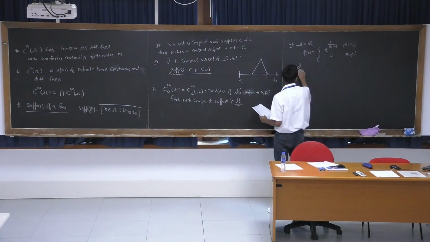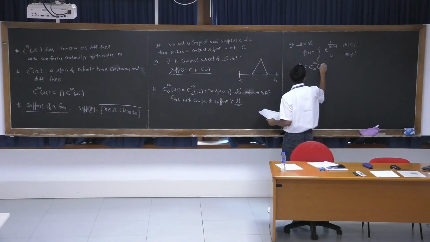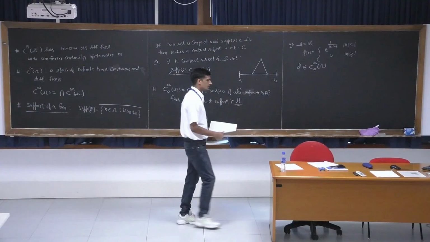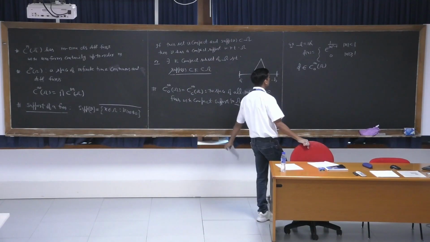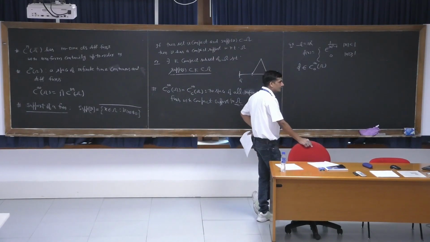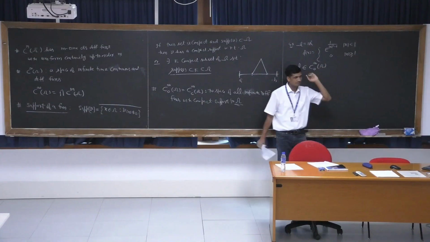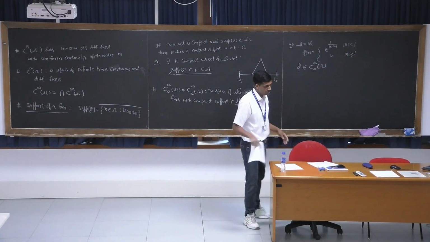This function phi belongs to C0 infinity. You can prove it easily also. This function is infinitely differentiable and has compact support, just minus 1 to 1. Otherwise it is 0.